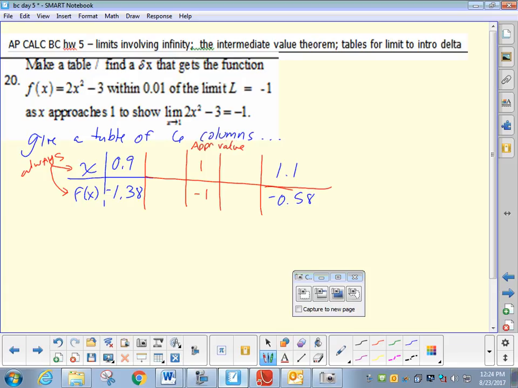So tell me, either above or below, what worked for you? Are you still working? Still working, plugging in numbers. I did 0.9, yeah, it did work?